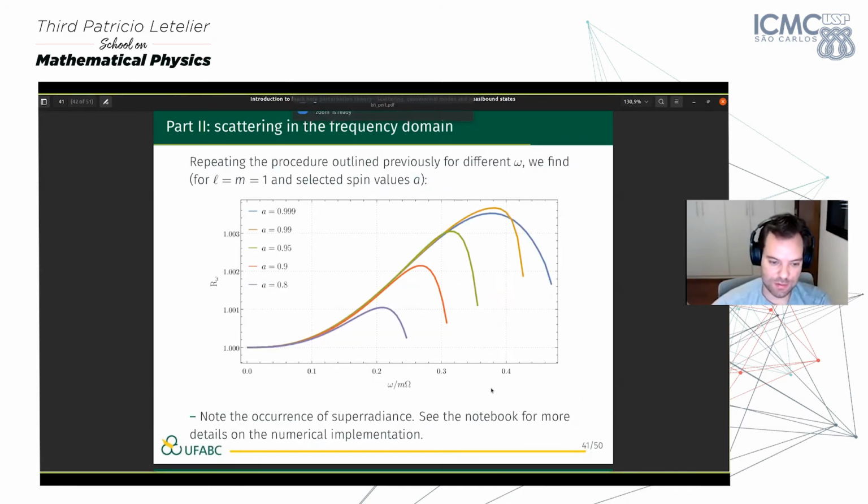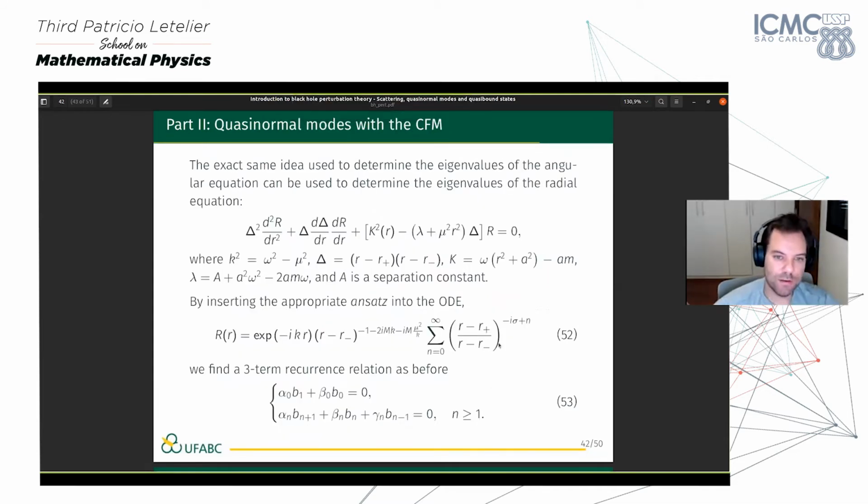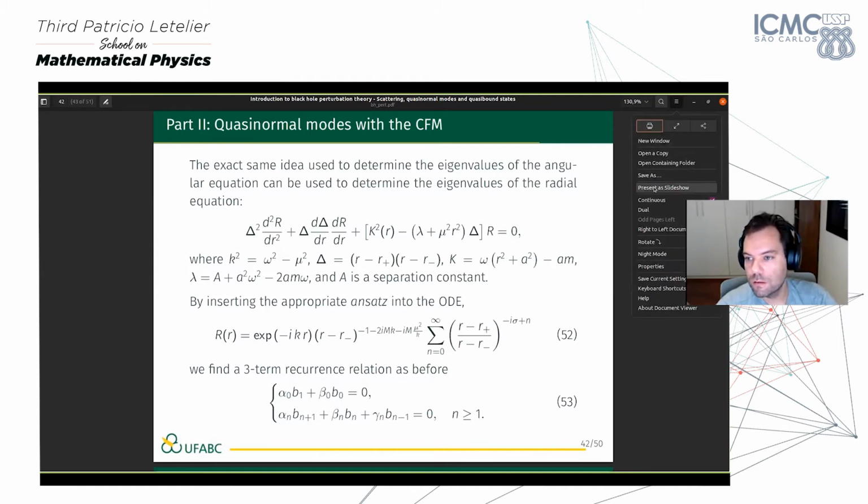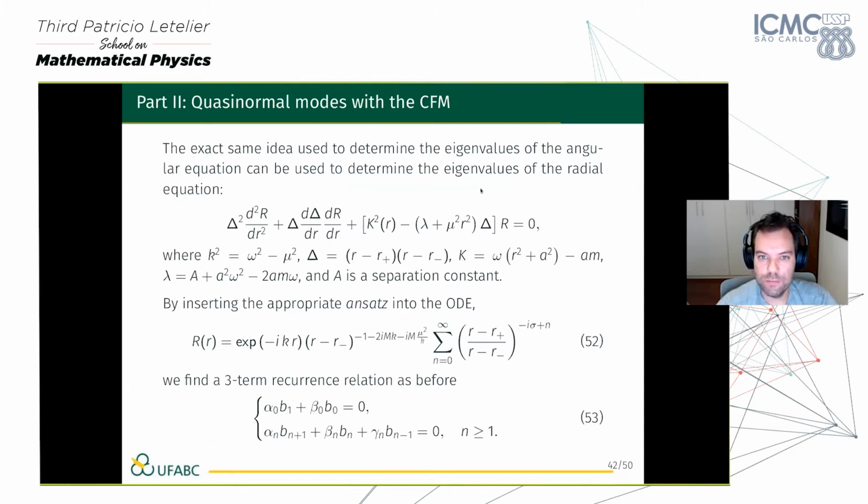So this is all for superradiance, for the scattering in the frequency domain. After you separate the variables, now let's talk a little bit about the quasi-normal modes. For the quasi-normal modes, we can do basically the same thing we did for the angular eigenvalues; we can do it with the radial eigenvalues.